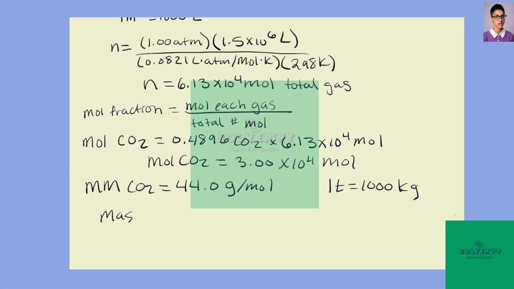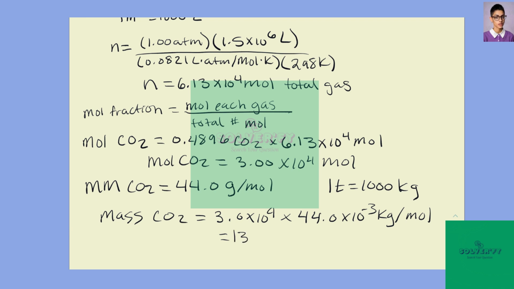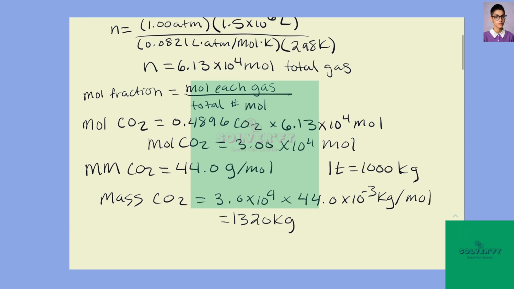So our mass of CO2 is equal to 3.0 times 10 to the 4th times 44.0 times 10 to the negative 3rd, because I divided this by 1,000 to get it into kilograms per mole, and this is equal to 1,320 kilograms of CO2.